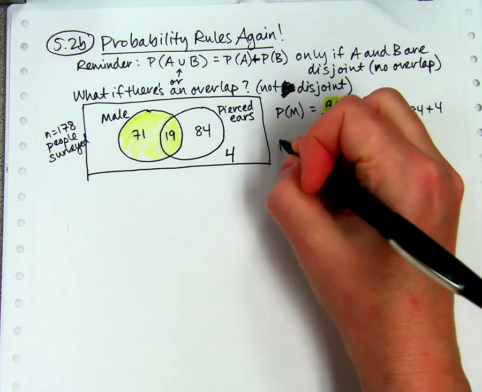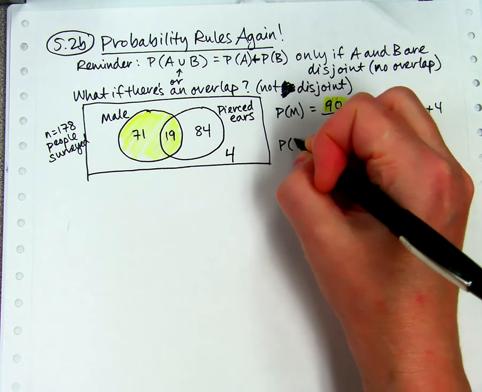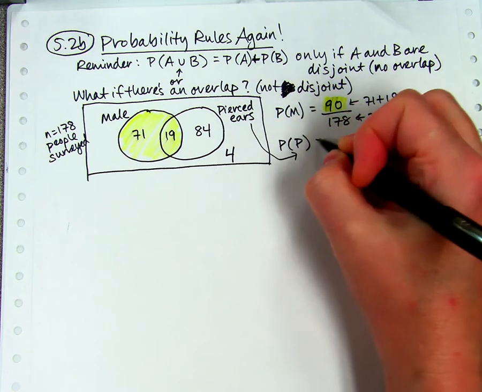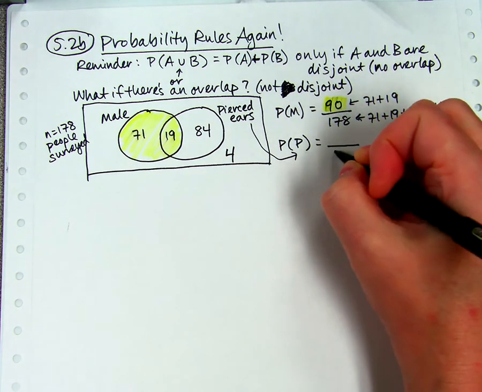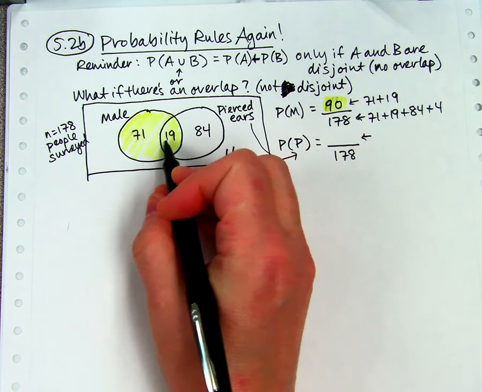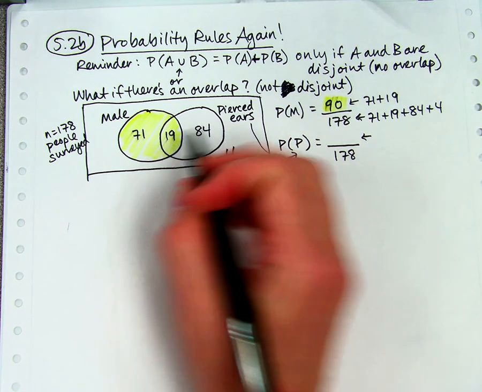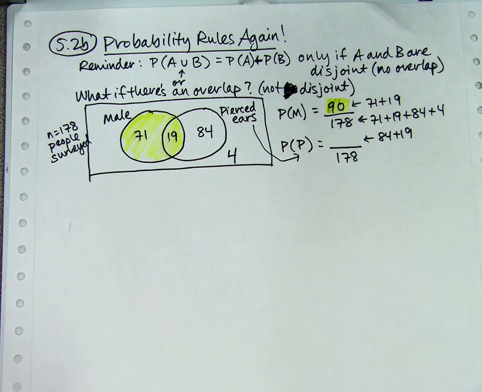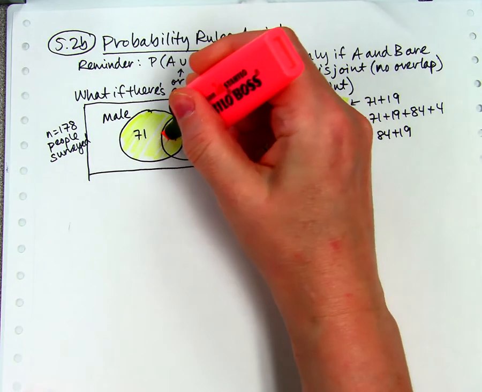90 out of 178. Probability of pierced ears, I'm going to call that P, would be all the people with pierced ears out of 178. So for that, I want to add these two groups together, which is the 84 and the 19. I need a different color for that, so I'm using pink.